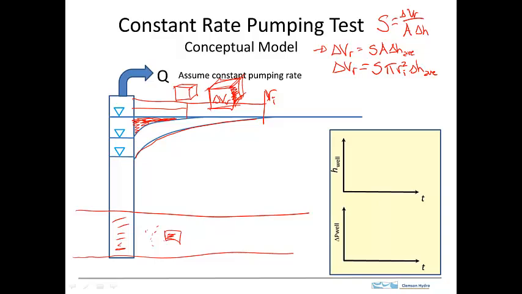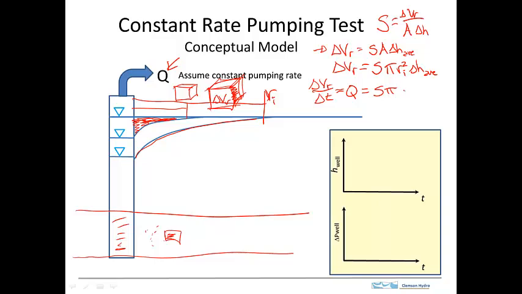Okay, so let's take this one step further. How does that volume that's been removed from storage change with time? The volume removed from storage over a unit of time, so this will be like a derivative, we know is constant here because that's the pumping rate, Q. And Q will be equal to, well, S is constant, pi is constant, and we'll just assume that the radius of influence is changing slowly.